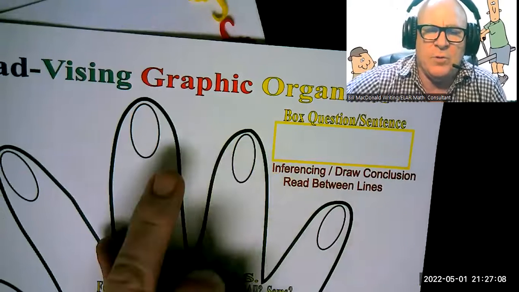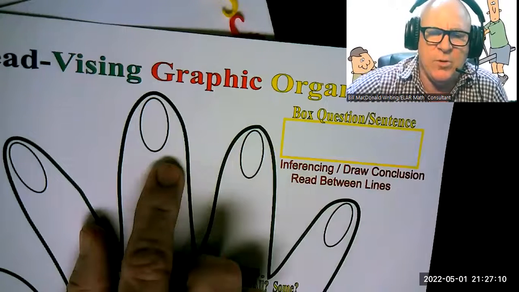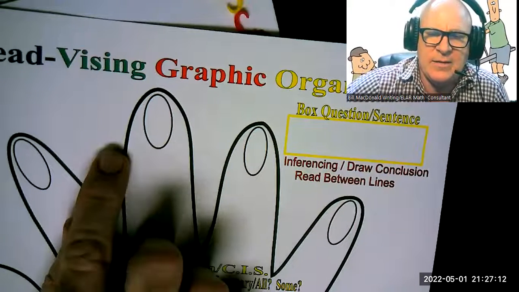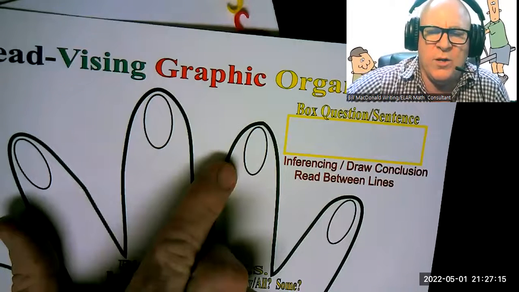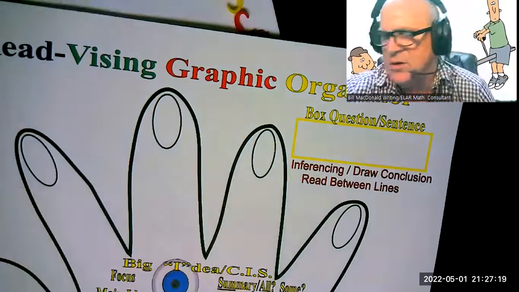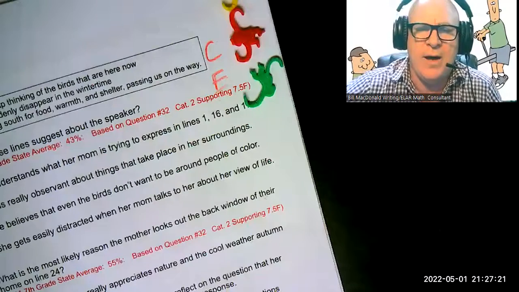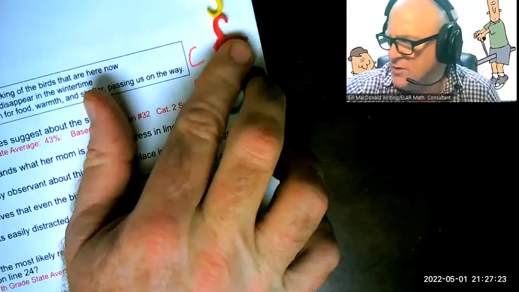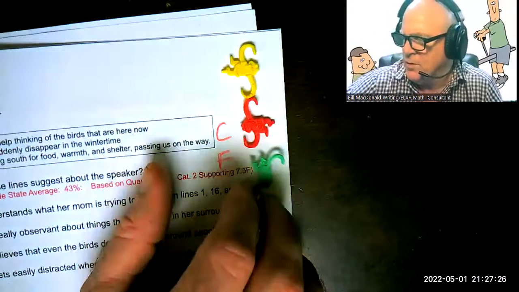We would have to look at the lines before and the lines after to figure out which one is correct. So let's, using yellow for going back and green for going forward, see which one of these is true.